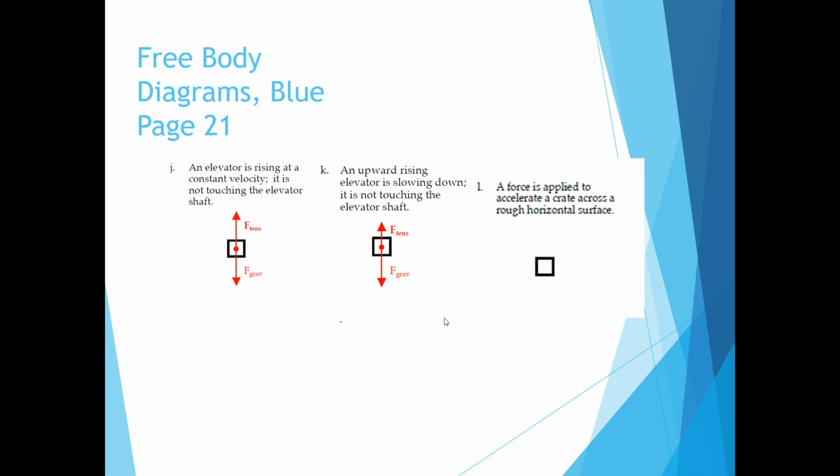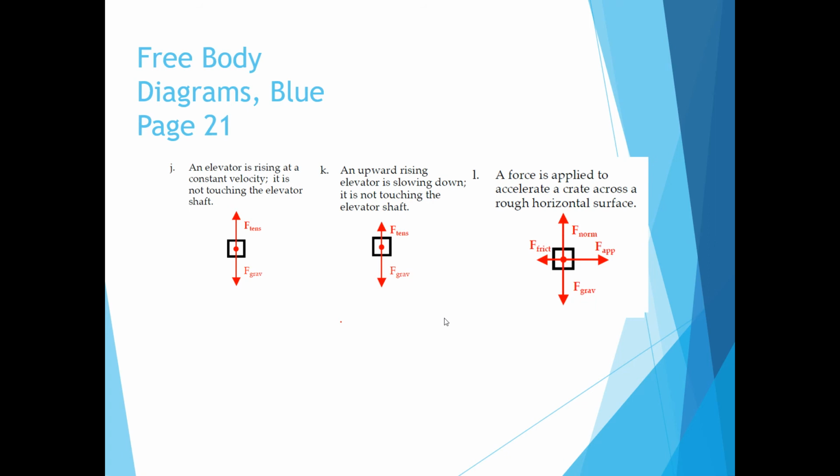And then in L, a force is applied to accelerate a crate across a rough horizontal surface. Now, they didn't give us a direction, so I'm going to assume right, because right is positive, and that's what we just tend to like working with. So we're going to have an applied force to the right, a friction force to the left, gravity down, and normal up.